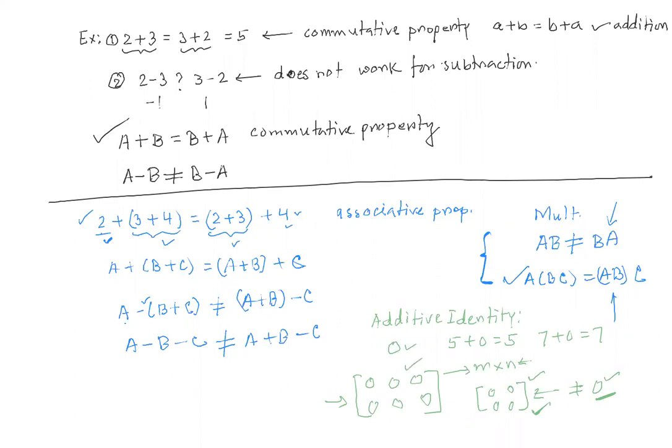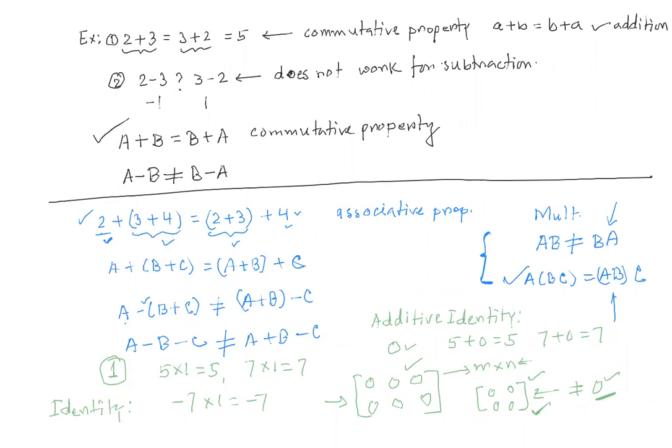Now, while I'm on the topic, not only can you think of it, it is the case: 1 is the multiplicative identity in the real number system. So if I give you 5 times 1, it is still 5. Or 7 times 1, still 7. Or -7 times 1, still -7, right? So 1 is the multiplicative identity. Similarly, the identity matrix that we talked about, you can think of as the multiplicative identity.